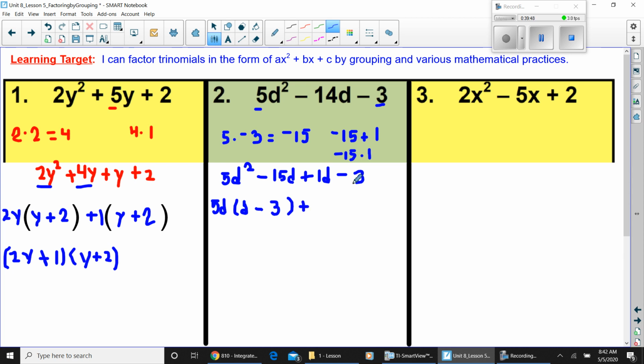Now there's no greatest common factor here. I'm going to put a 1 though, because it is definitely a 1 outside the parentheses. Need that. And then put the d minus 3 inside.